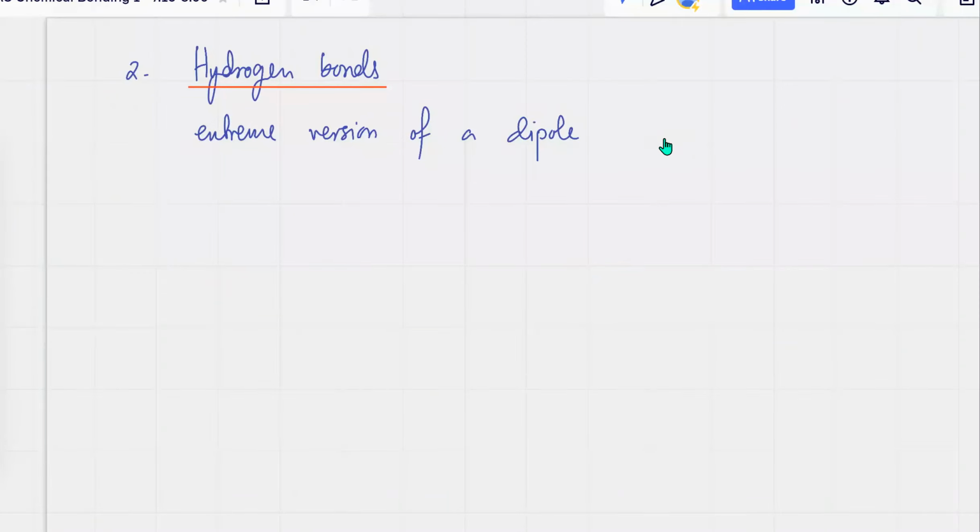So there are a couple of conditions. First one, the molecule must have the most electronegative elements in the periodic table, the ones that really like to attract electrons. And there are 3 of them. That's nitrogen, oxygen, and fluorine. And they must be bonded to hydrogen directly.